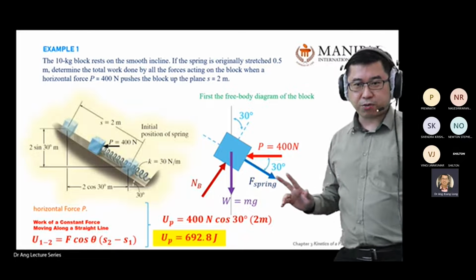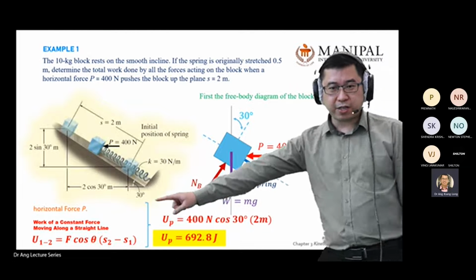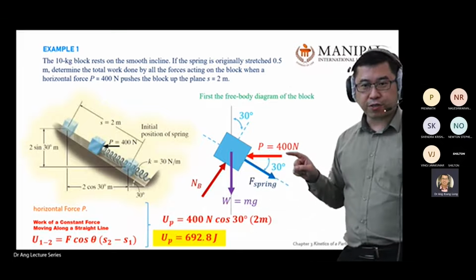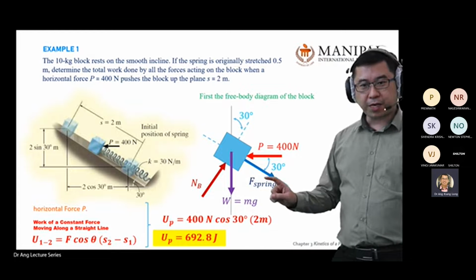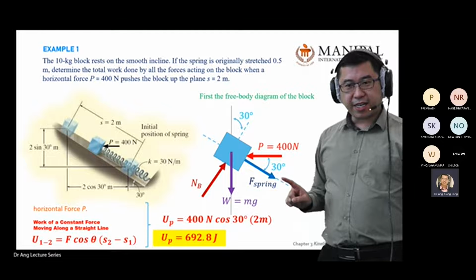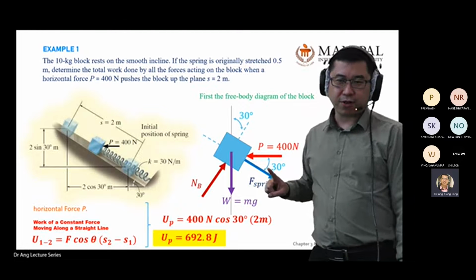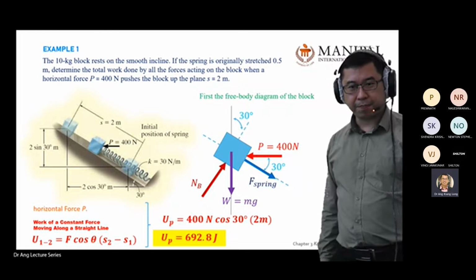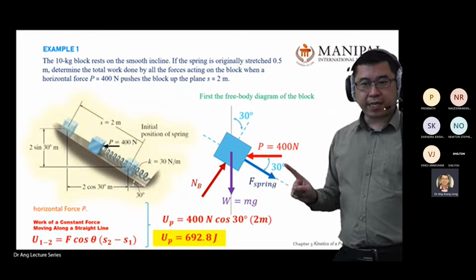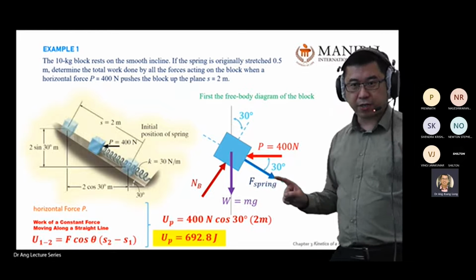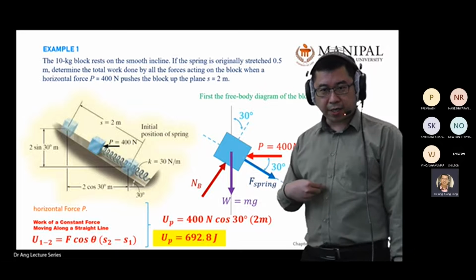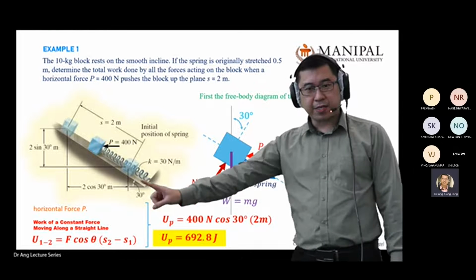Later when I talk about spring, you will see what happens if you put in the opposite direction. At the moment, I think you agree with my explanation on the direction. Sometimes it can go in, sometimes it can pull out. It depends on location.